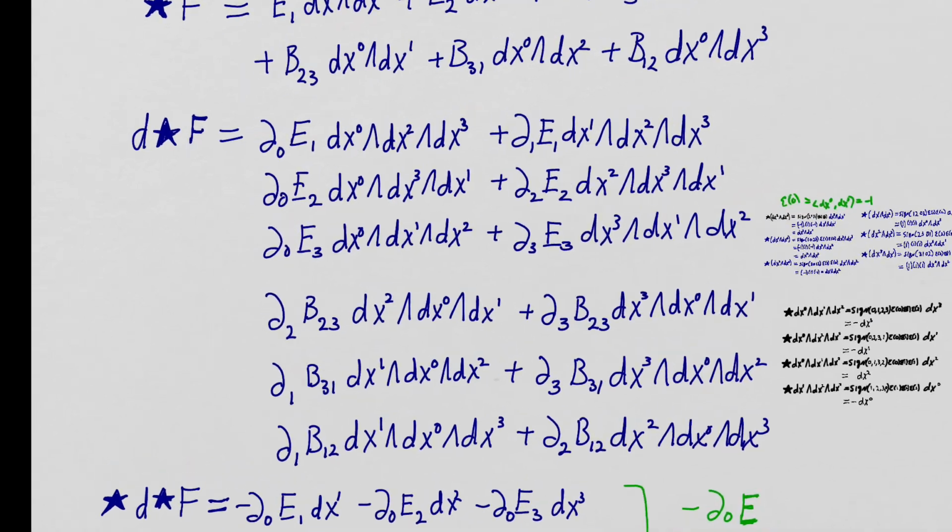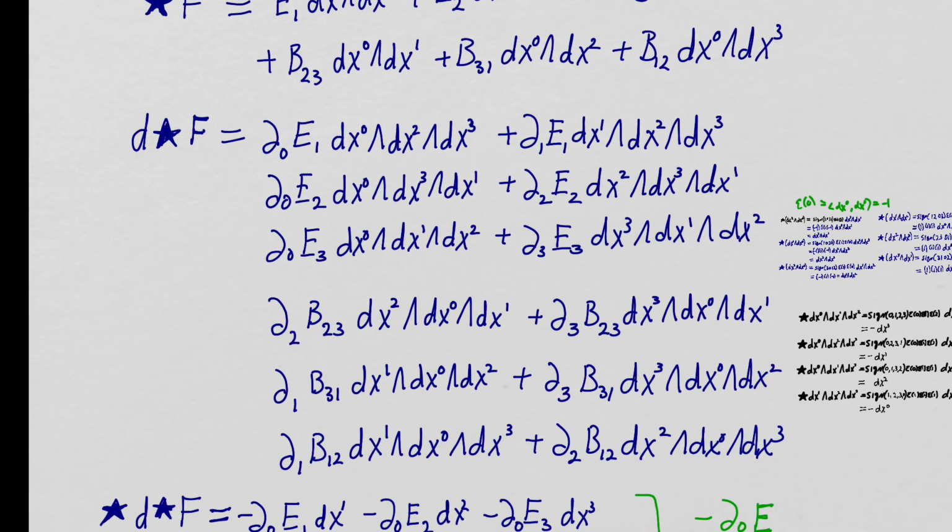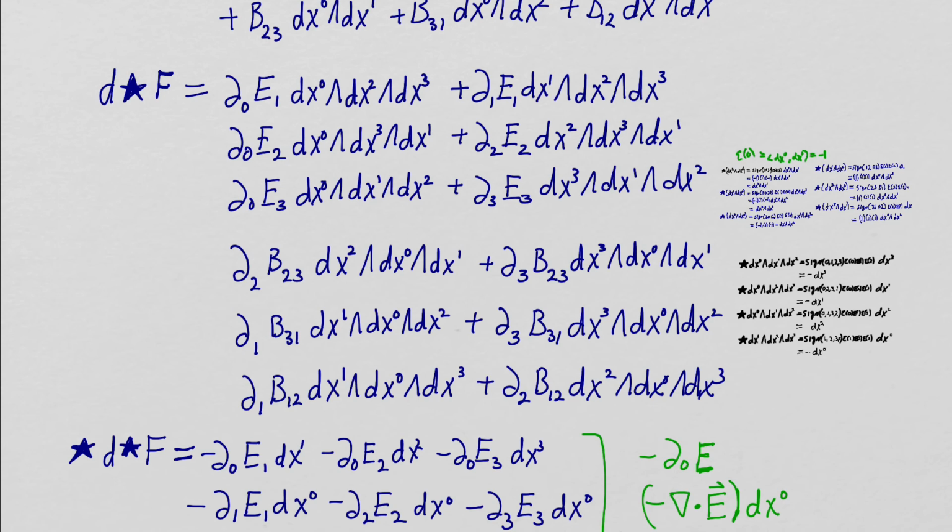Well, we shouldn't see those in this part because we're only calculating the left-hand side, right? The left-hand side. So here's clearly time derivatives of the electric field right here. We see time derivatives of E.